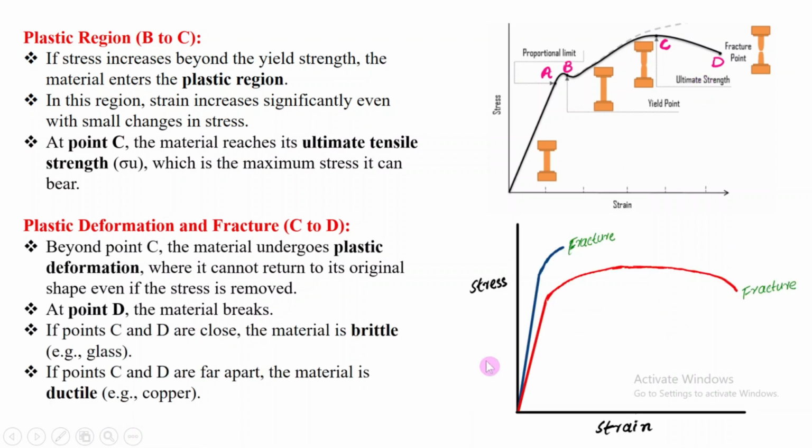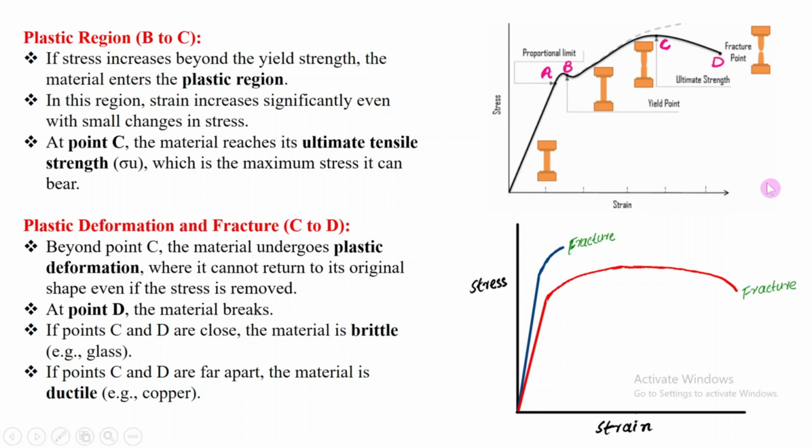Now there are two types here. This stress-strain curve is for two types of material. One is the ductile, and this is the graph for the ductile material, and this is the graph for the brittle material.